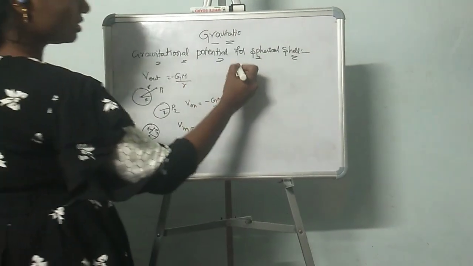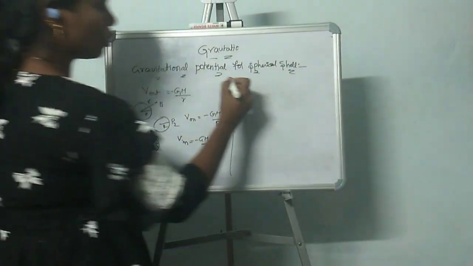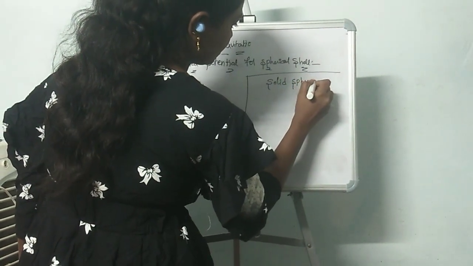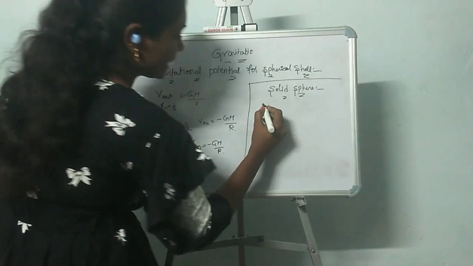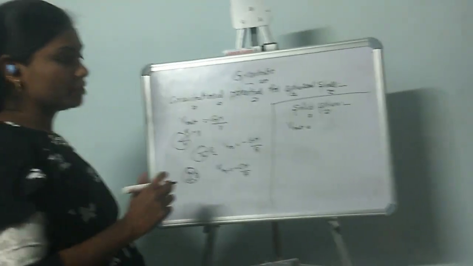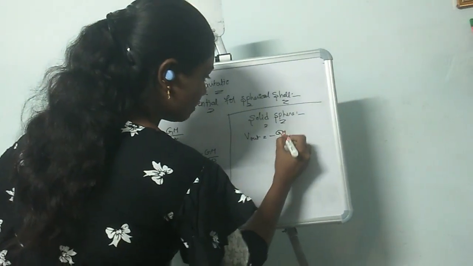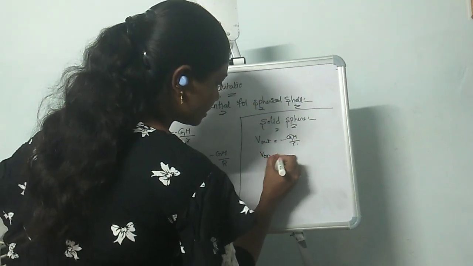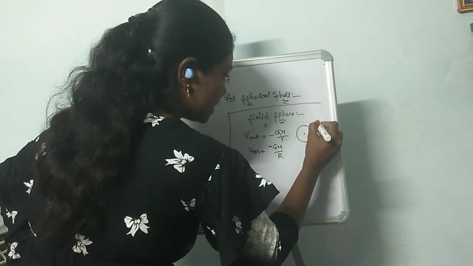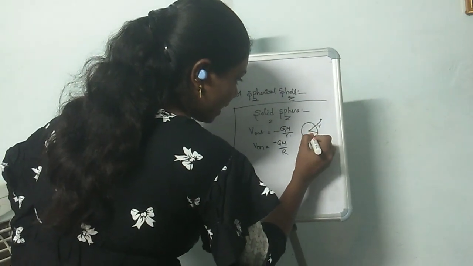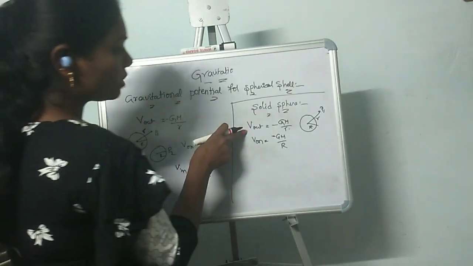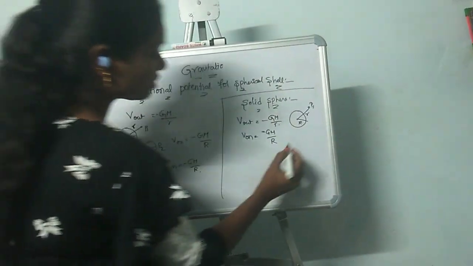Now the gravitational potential for a solid sphere. We can write V out when the point P1 is outside the solid sphere, equal to minus Gm by r. If we take a solid sphere of radius R and point P1 at distance r, the potential outside is minus Gm by r.